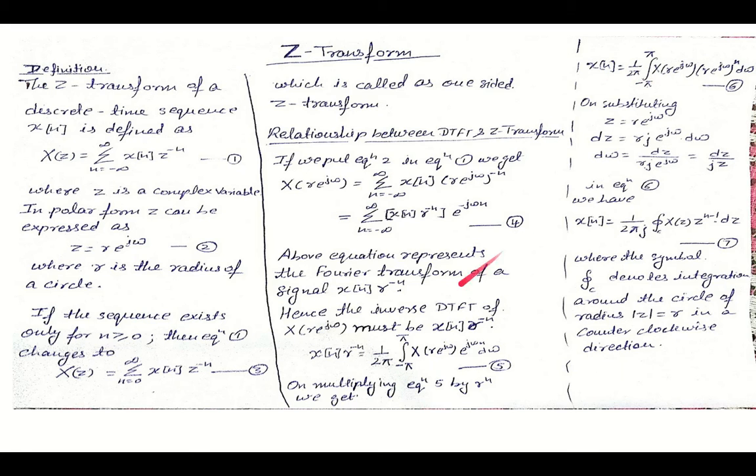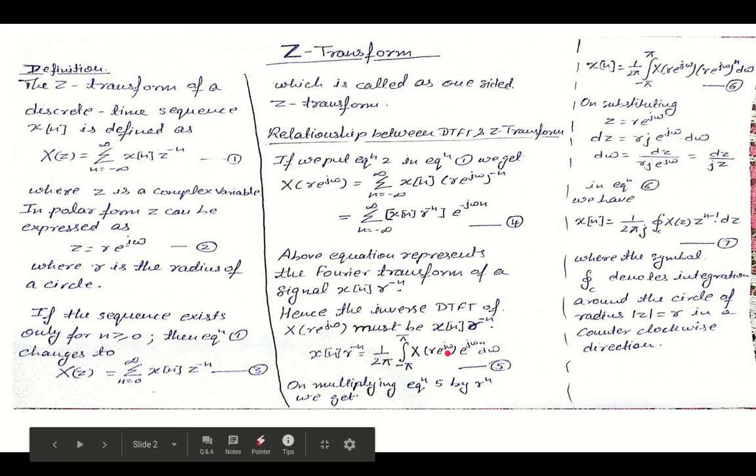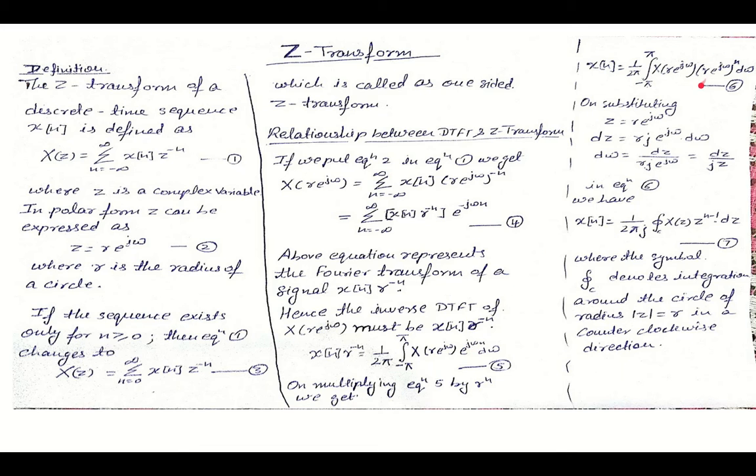This r to the power n on the right hand side goes inside with e to the power j omega n, so it will be r e to the power j omega, and I can take this n common outside, and I already have this DTFT X(r e to the power j omega), and we can integrate it with respect to omega.